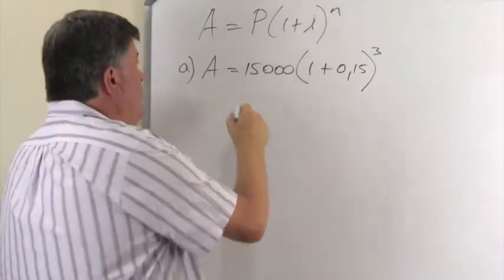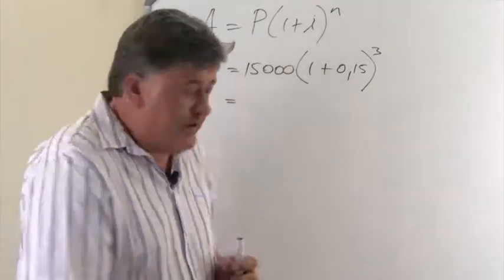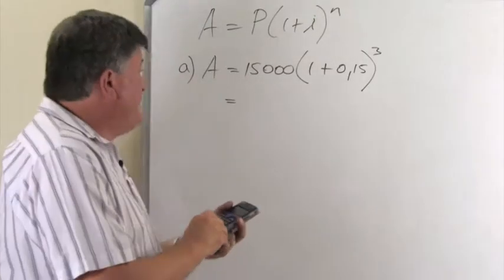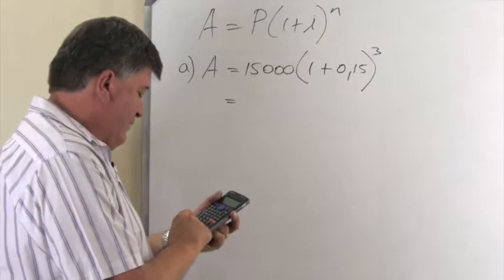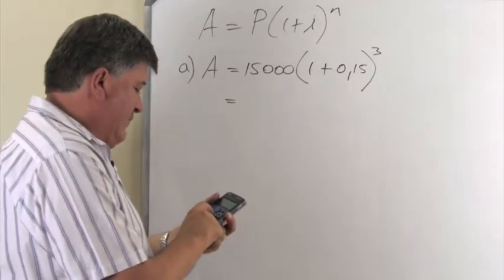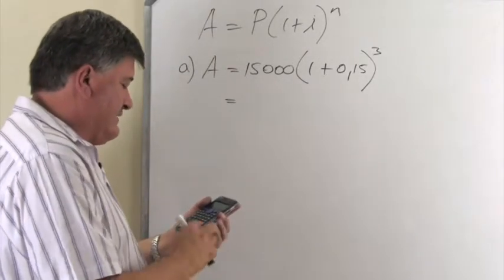And now we just work out our answer on our calculator. So you will agree, a little bit of revision from grade 10, really not too difficult. So we say 15,000, we multiply with 1 plus 0.15 and our exponent of 3 for the number of years.